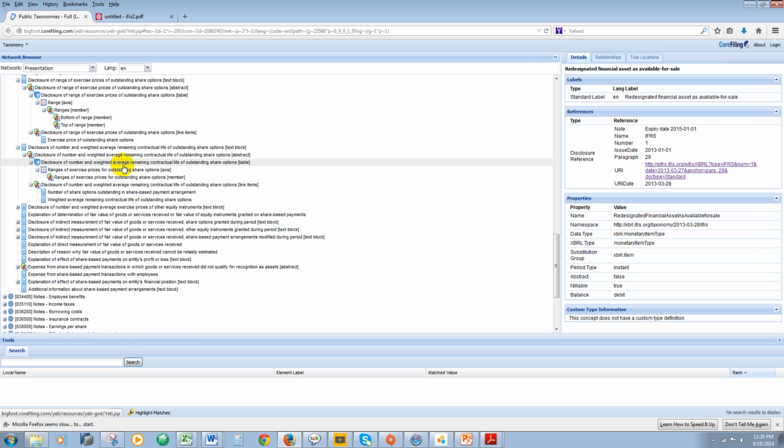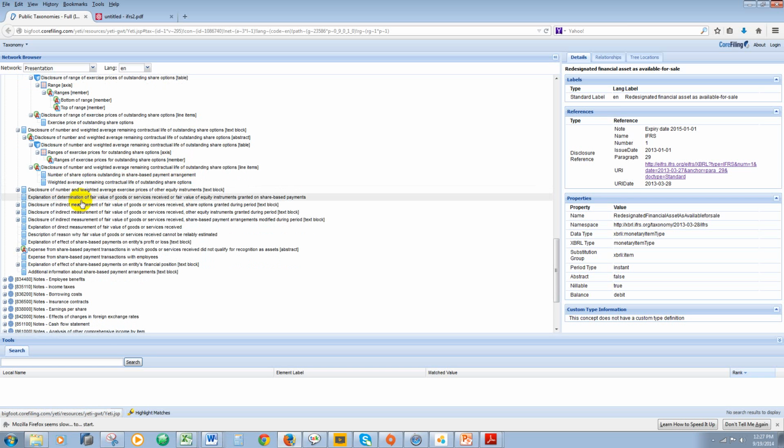disclosure of number and weighted average remaining contractual life of outstanding share options table, and there is a range of exercise prices for outstanding share options axis, and ranges of exercise prices for outstanding share options member, and then we have the line items: number of share options outstanding in share-based payment arrangement, weighted average remaining contractual life of outstanding share options, and then there are other text blocks as well.